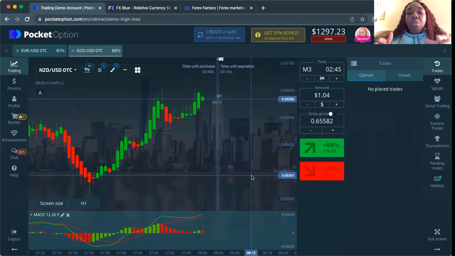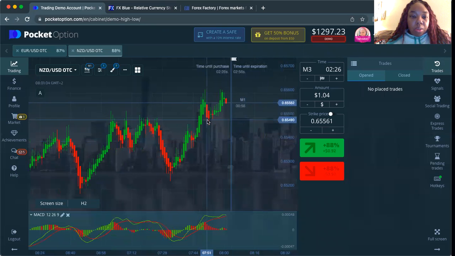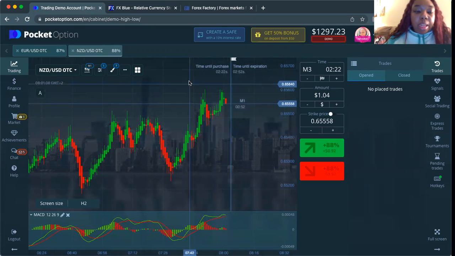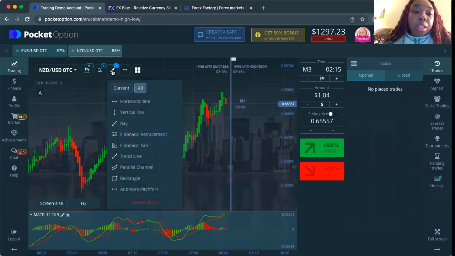So that's what we got to do with our charts. Clearly my chart is blank. It's naked, except for the candles being there, of course. So we got to mark up our vision board. One good way of doing it, again, is support and resistance. Go to this icon where you see a paintbrush and click on that.